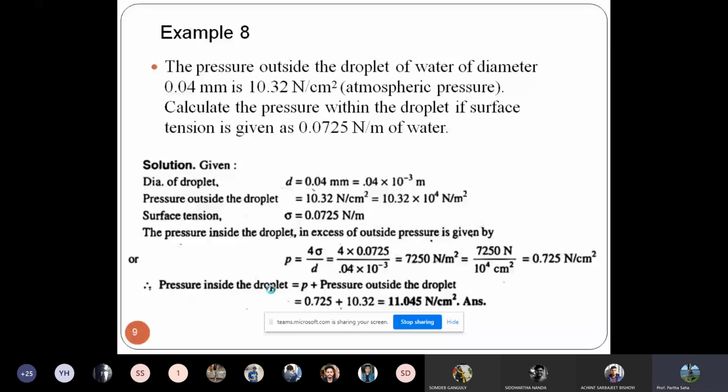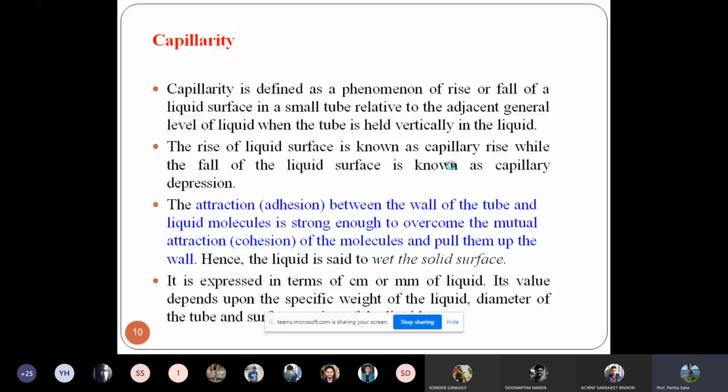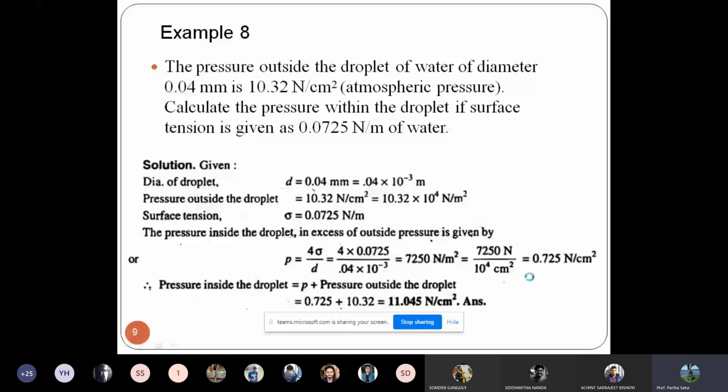That's why the pressure plus the pressure outside the droplet will be a total of 11.045 Newton per centimeter square. If atmospheric pressure is not given in any numerical, you can consider it as 1 atmosphere and solve accordingly, or you can ignore it. If I say that atmospheric pressure can be neglected, then the pressure should be 0.725. So these are expressions that can have different meanings. If atmospheric pressure is not considered, then you can report this value. If atmospheric pressure is considered, then you have to add that amount and report the total pressure.